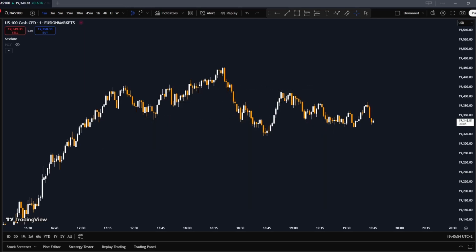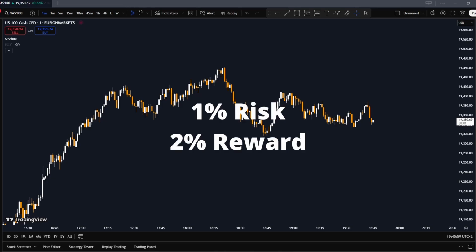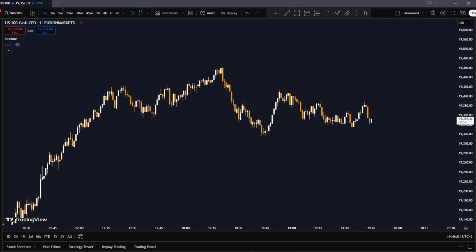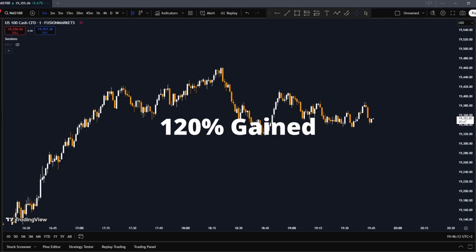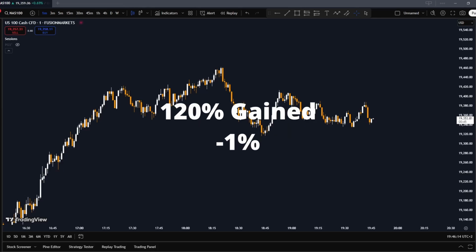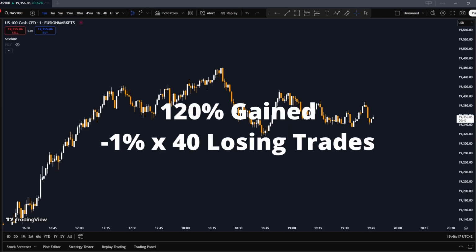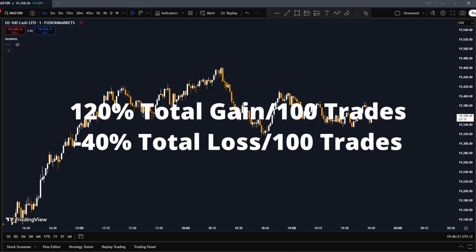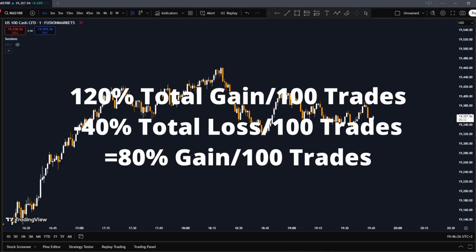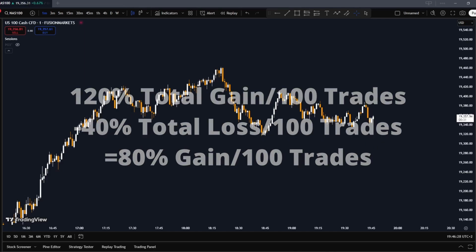Putting this example into percentages, let's say you risk 1% per trade and are rewarded 2% for each winner, since you have a 1-to-2 risk to reward ratio. Our reward is now 2% times 60 winning trades, meaning 120% of profit, minus 1% times 40 losing trades. So 120% of profit minus 40% of losses, equaling a total gain of 80% on your account over the course of 100 trades.